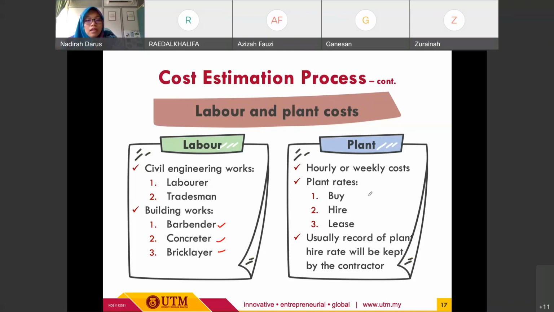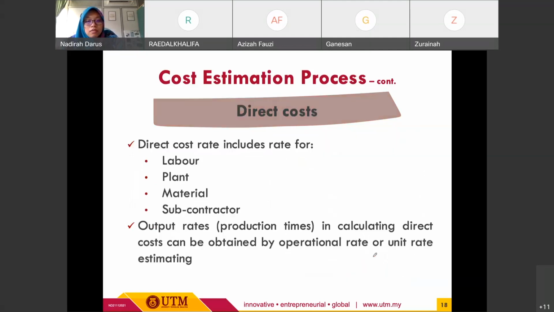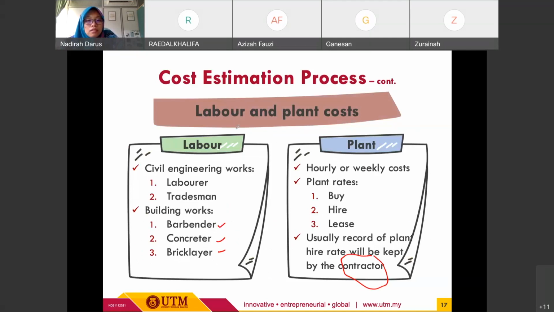Generally, the contractor will keep a record of plant hire rates to be used for estimation purposes. So I think that's all for the labor and plant cost. This one should be the sixth component, process number 6.